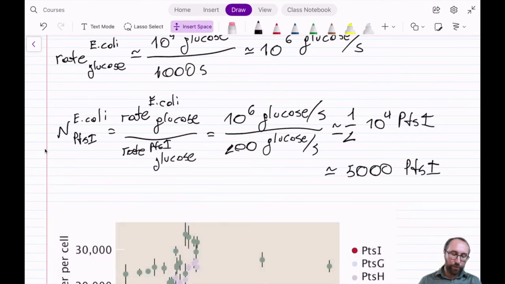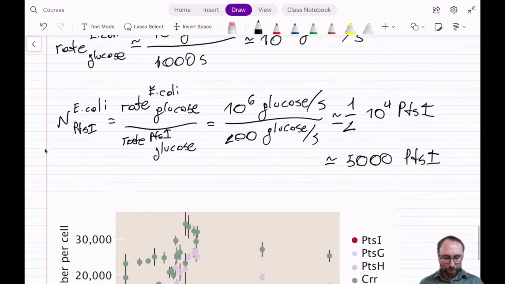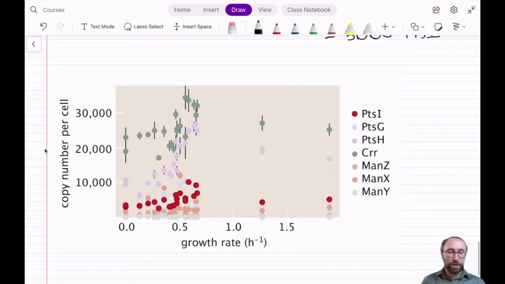So just by thinking, we predict that we need 5,000 PTS1 molecules in the cell in order to bring enough carbon at the rate necessary to make a new E. coli. And if you look, the interesting thing is that this 5,000 number is pretty much on the money. So here is some data from mass spectrometry where you can see that they've measured different transporters as a function of the growth rate. And 5,000, our estimate in red, is around here.